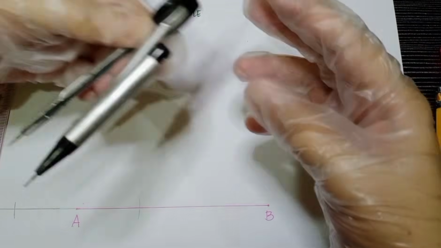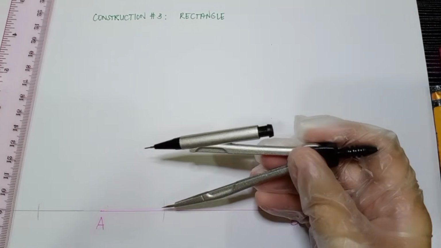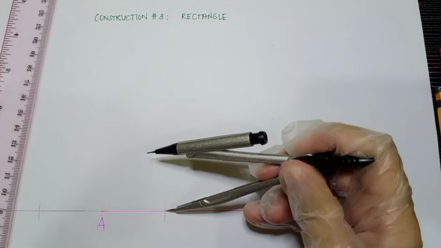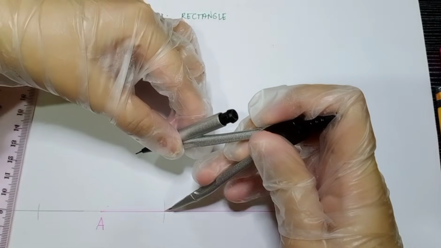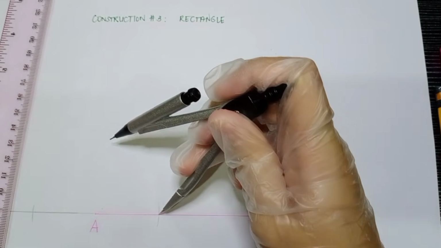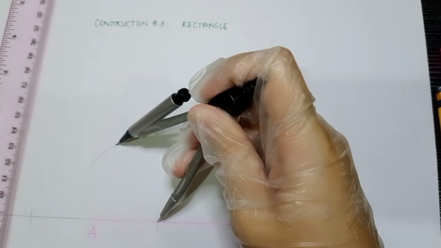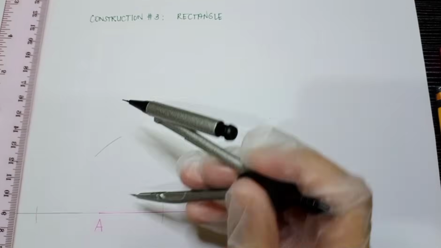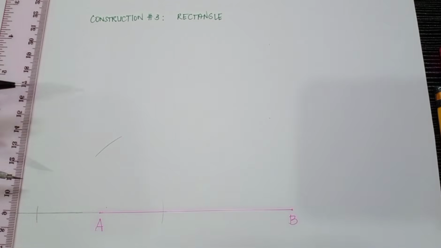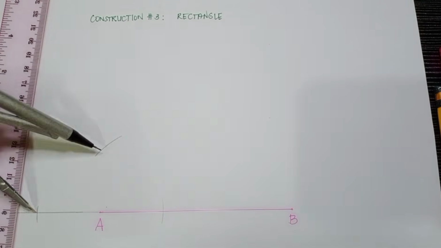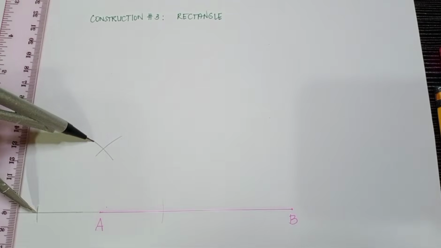Okay? So, itong point na to, ang gagamitin mo naman para makapag-form tayo ng perpendicular line. So, pwede nyo pong i-extend yung inyong radius. So, gawa po tayo ng intersection. Okay? So, kung ito ang ginamit mo dito, ganun din po sa kabila. Okay? So, gawa po tayo ng arc. Okay.